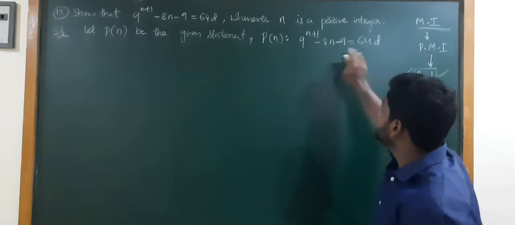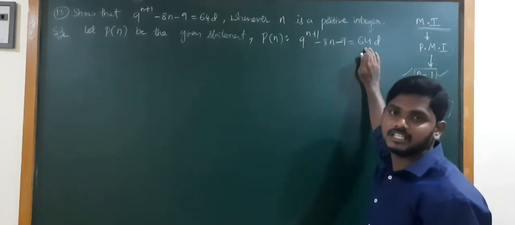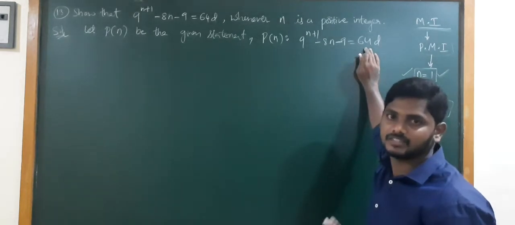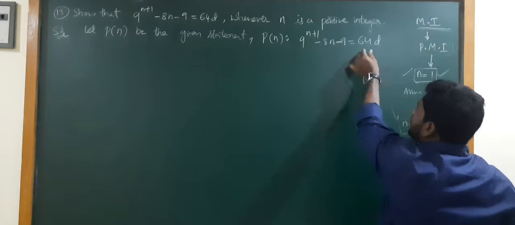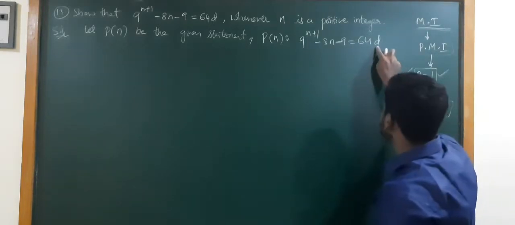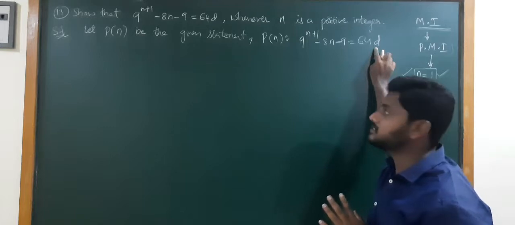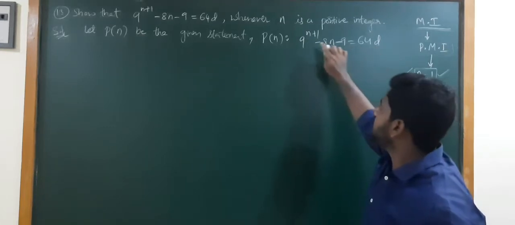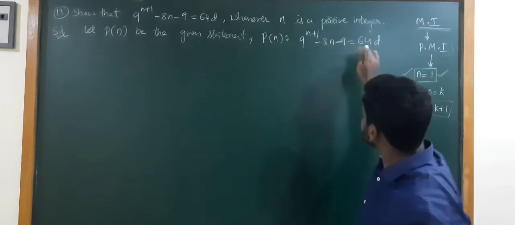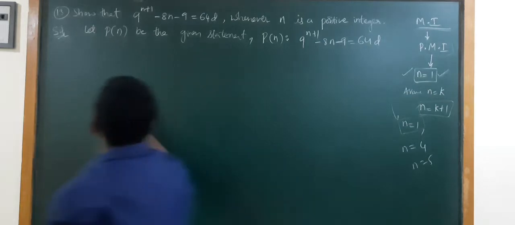So that means this whole LHS is a multiple of 64, and we need to prove that. Here d is any positive integer. If the n value varies also, it should be a multiple of 64. That is what we need to prove.